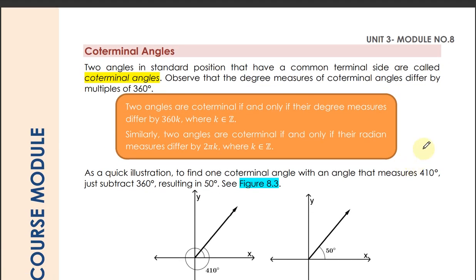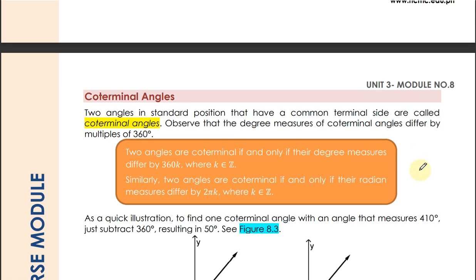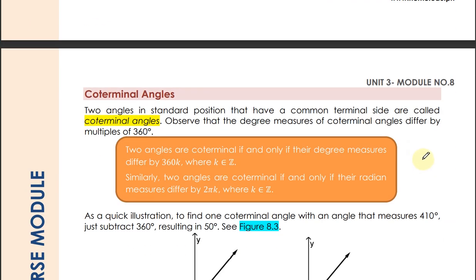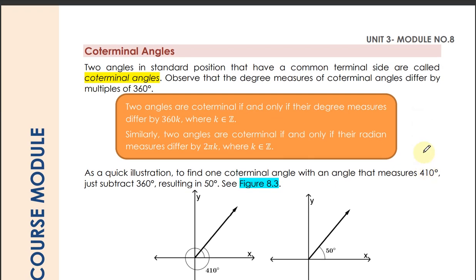So next topic, since you already know converting degrees to radians and radians to degrees, we have here the coterminal angles. Two angles in standard position that have a common terminal side are called coterminal angles. Observe that the degree measures of coterminal angles differ by multiples of 360 degrees.